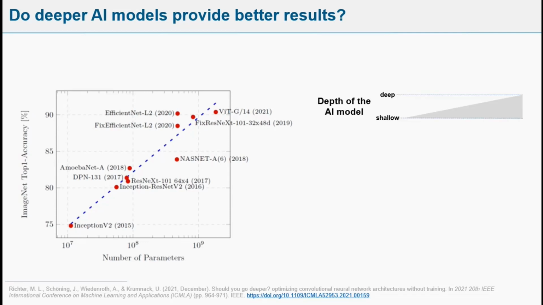The claim of everyone is that the depth of the model is related to the size of the data set. So the deeper my neural network gets, the more parameters there are in my neural network, the bigger my training data set must be.